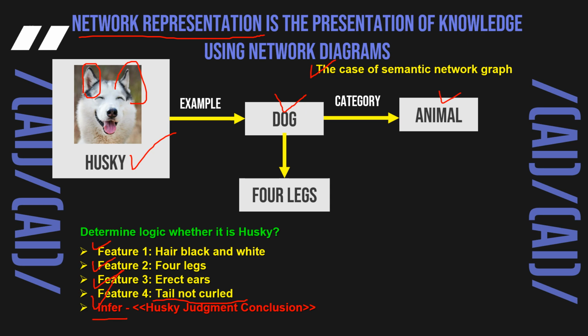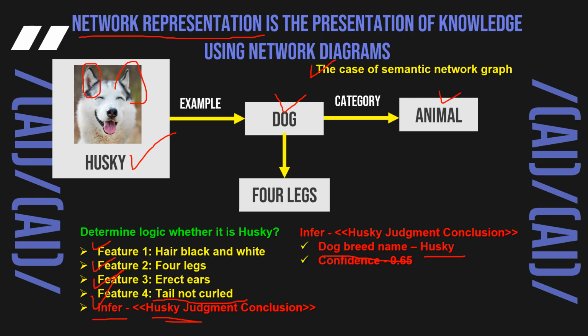So by inference, you can make a judgment conclusion that it is a husky for sure. That's logical for AI recognition.